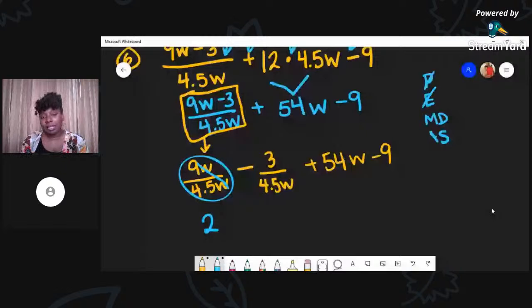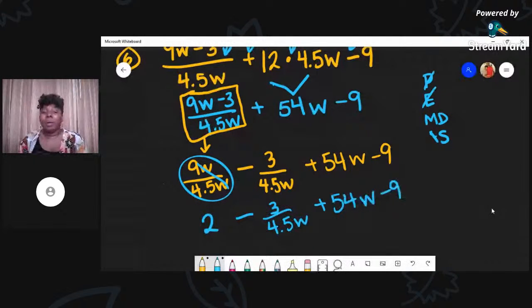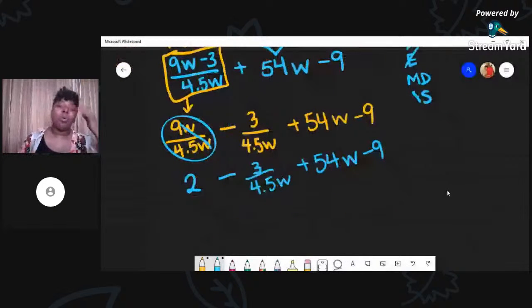Now we still have this ugly one though. We didn't get rid of that. So let's start combining our like terms here. Tell me what your like terms are. What can we combine?